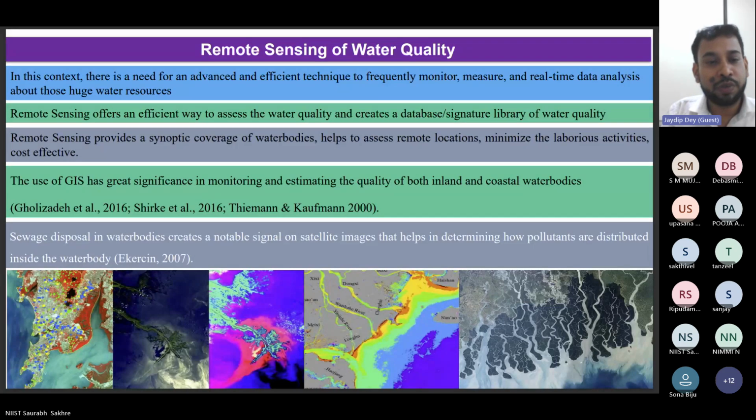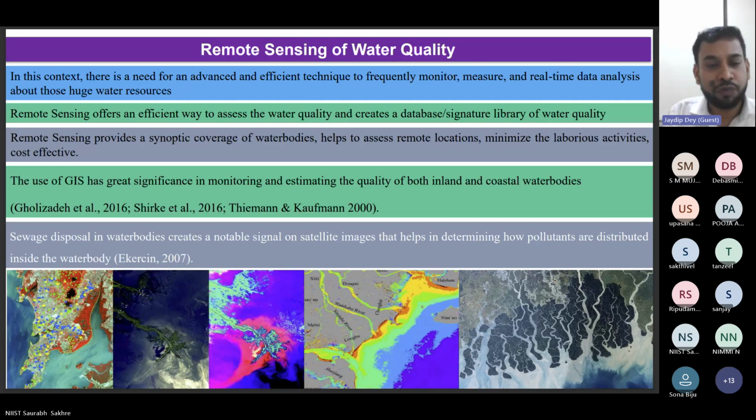Remote sensing also provides synoptic coverage of water bodies. It helps in collection of data from remote locations. It minimizes our laborious activity, and it's a cost-effective technique. GIS has a great significance in monitoring and estimating the quality of both inland and coastal water bodies.